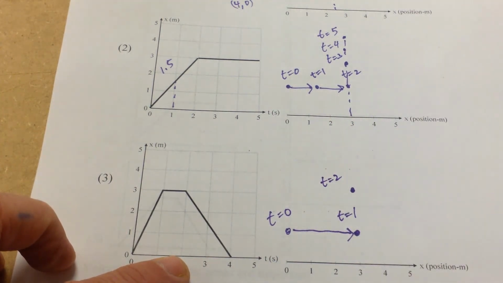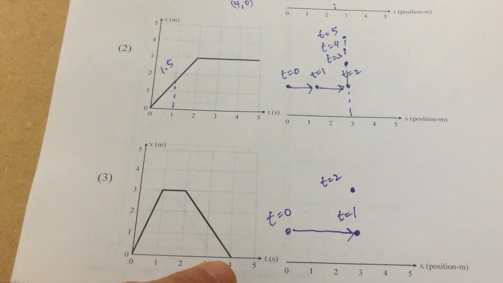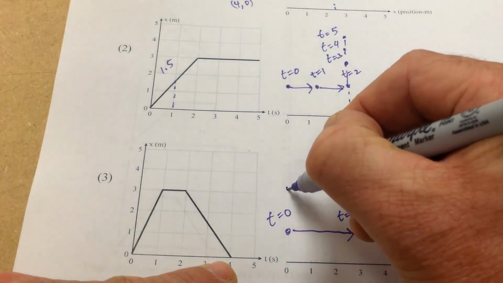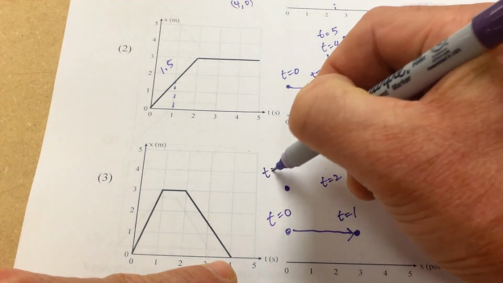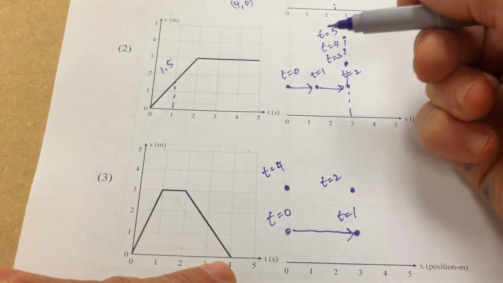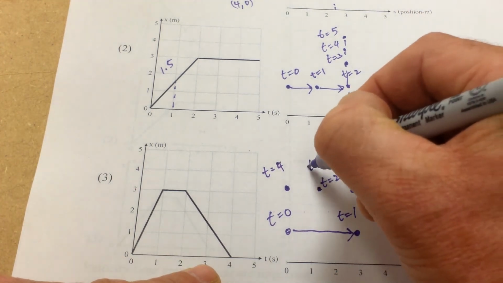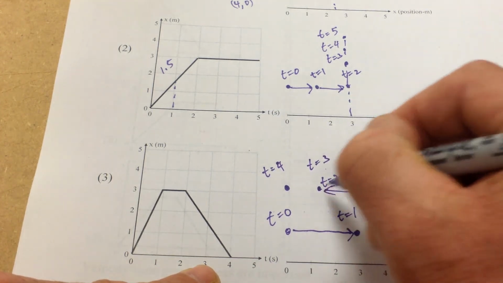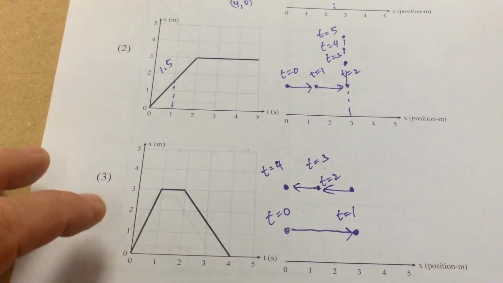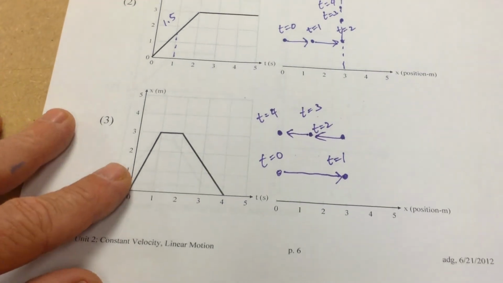And then the object will come back to the reference point at the 4th time interval. So the object comes back this way, so t equals 4. That'd be 4 seconds. And right in the middle there, we'd have t equals 3. So now we need to draw an arrow in the opposite direction on our motion map. So does that make sense, how to draw a motion map?